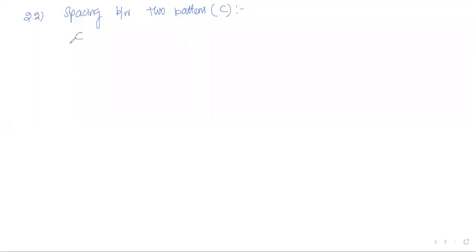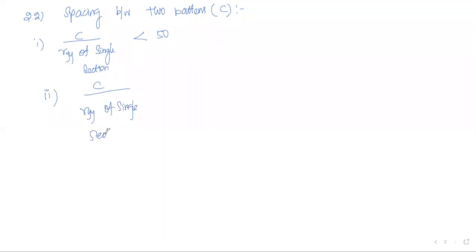We already discussed it while discussing the procedure. C divided by ryy of the single section should be less than 50. This is one condition. The second condition is C divided by ryy of the single section should be less than 0.7 times of Ke.